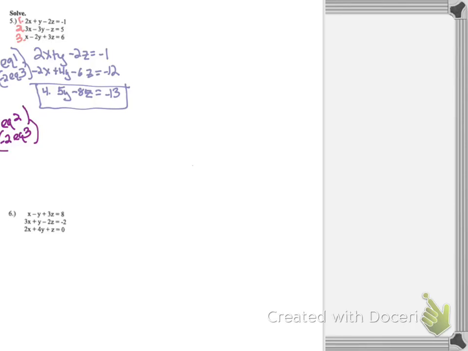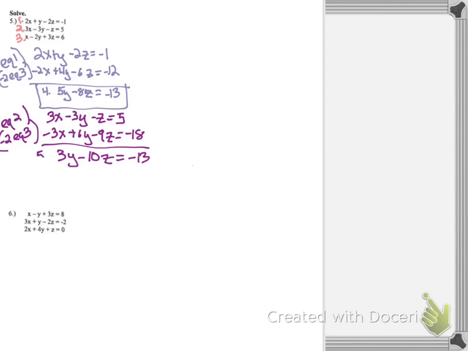So for my equation 2, I get 3x minus 3y minus z equals 5. I have negative 3x plus 6y minus 9z equals negative 18. We end up with 3y minus 10z equals negative 13. This is going to be equation 5.